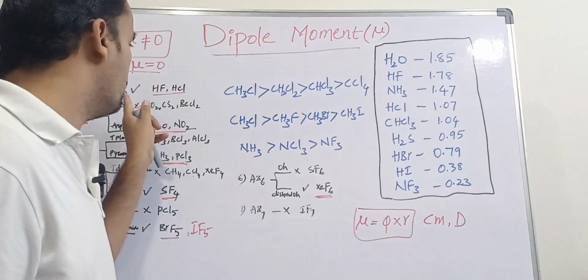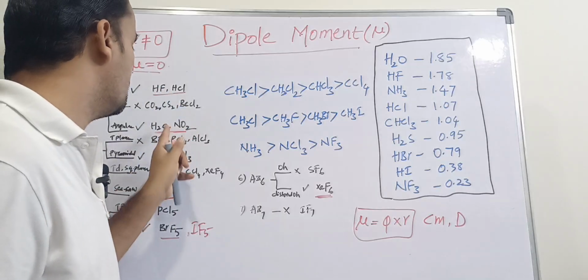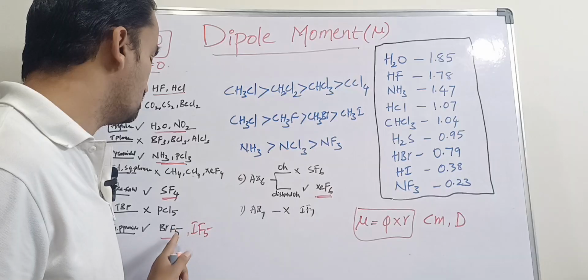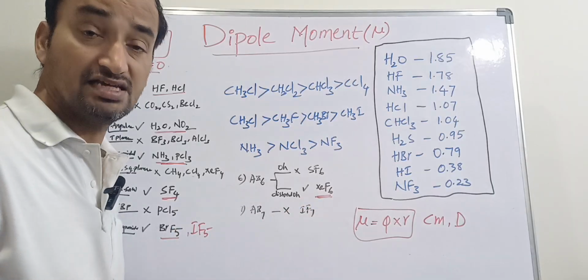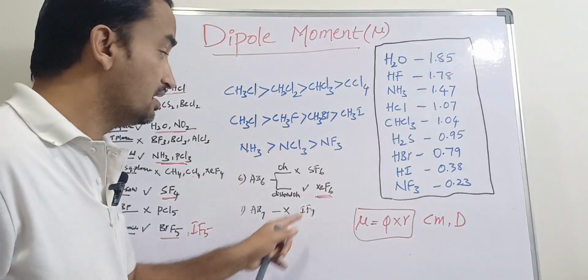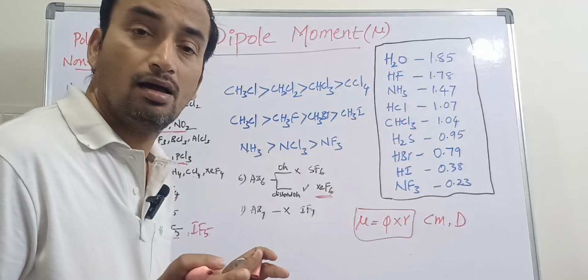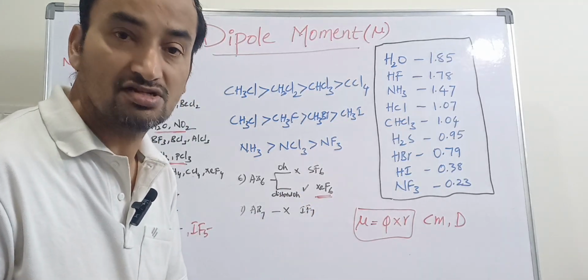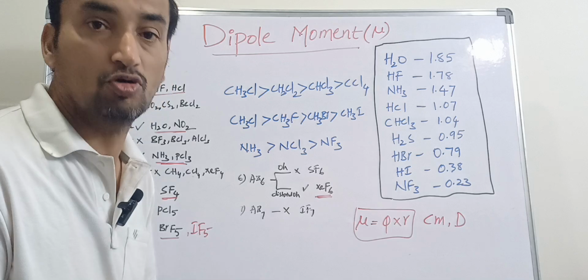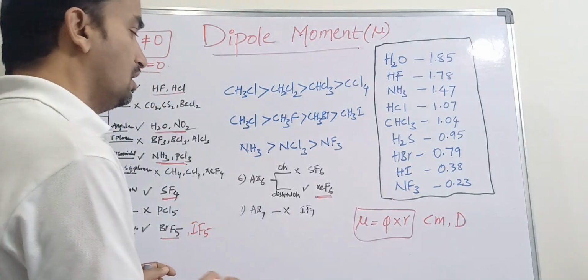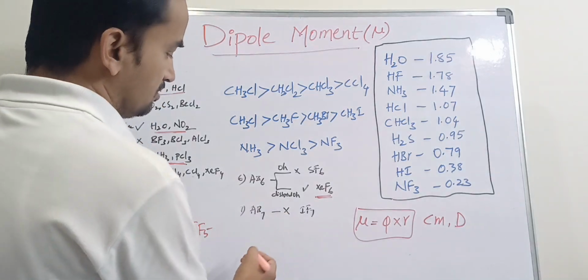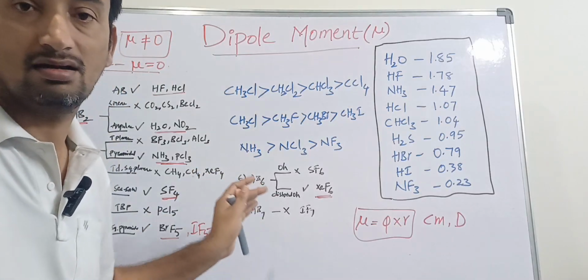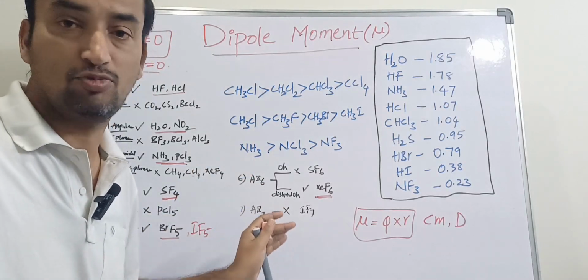But what I underlined here, HF, HCl, H2O, NO2, NH3, PCl3, SF4, BrF5, XeF6, in all these cases the net mu is not equal to 0. That means they will possess some dipole moment. Okay. So these are the examples of molecules possessing dipole moment.